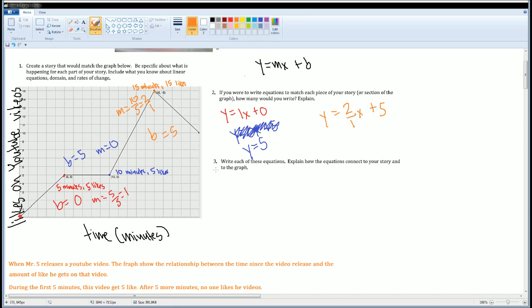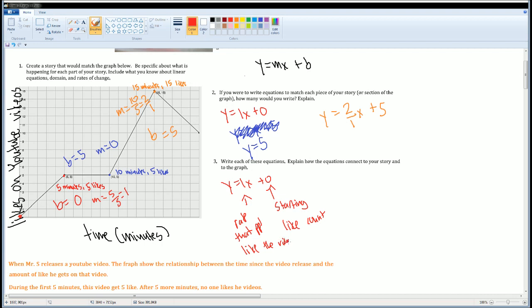There you go. Write each of these equations and how the equations connect to your story. So y equals 1x plus 0: this is the starting like count, and this is the rate that people like the video.